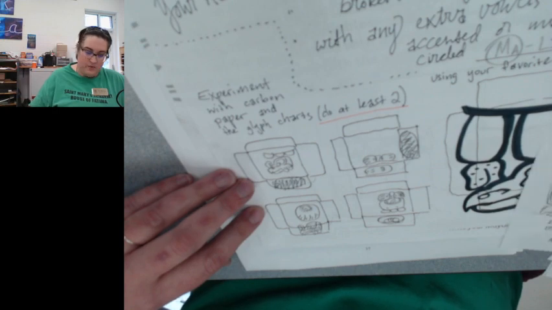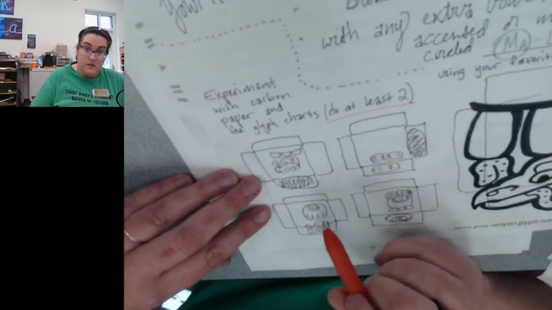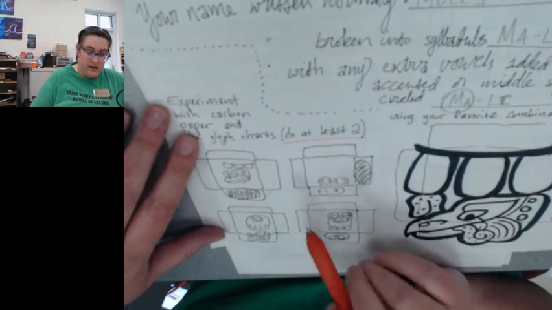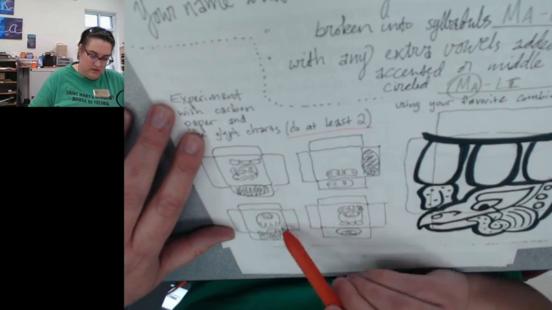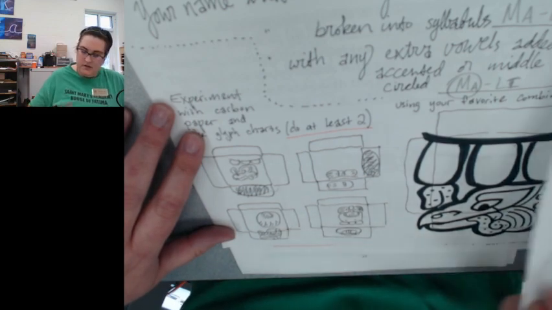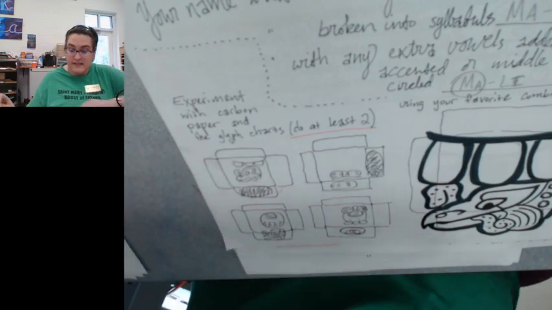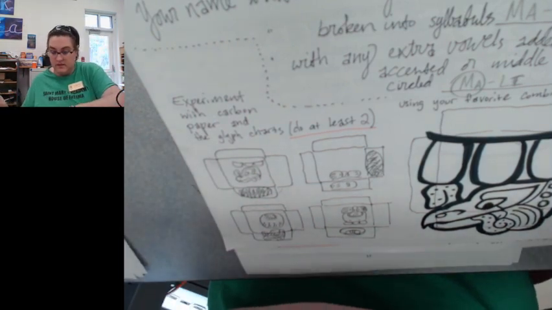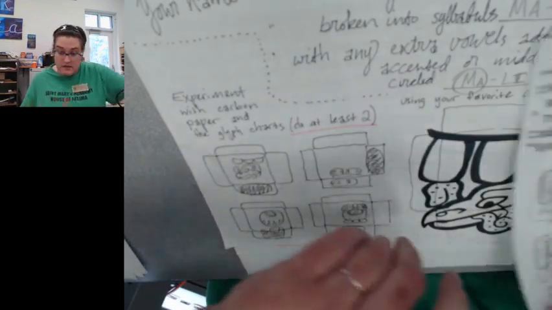So I went through and I found symbols with Molly. I did a main syllable in the middle for each. Here, I used carbon paper to trace the syllables. I'll make a separate video about carbon paper. I did go over that in class.